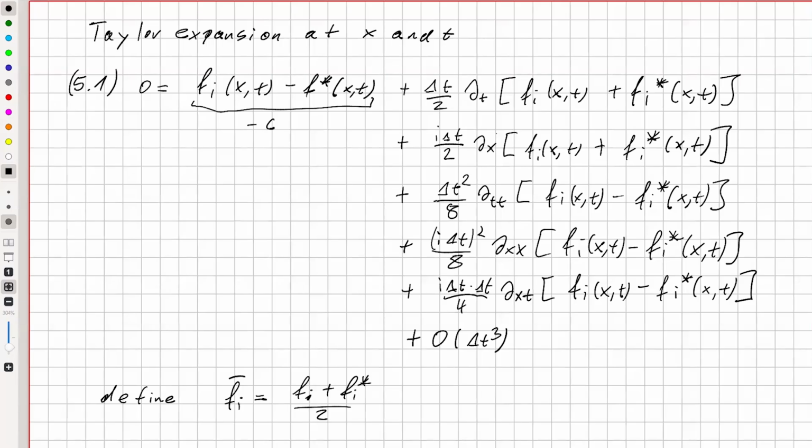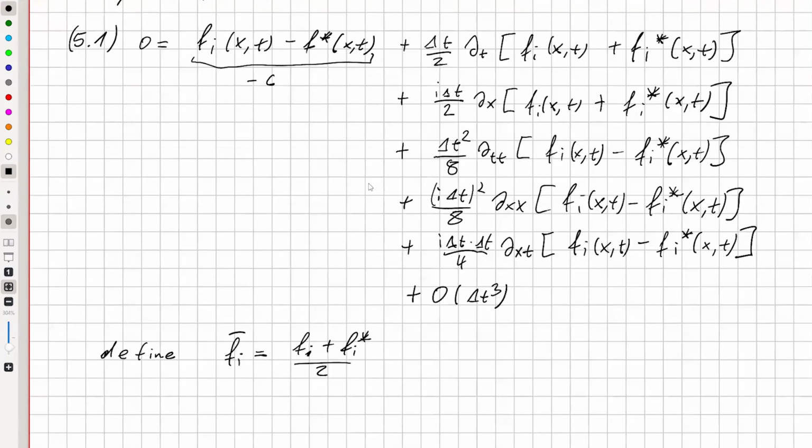Because we don't really know which is the variable that we should use for our Boltzmann equation. Should we use the pre-collision or the post-collision? So my suggestion is we use the average between the two. We'll see why this is important and why this works.